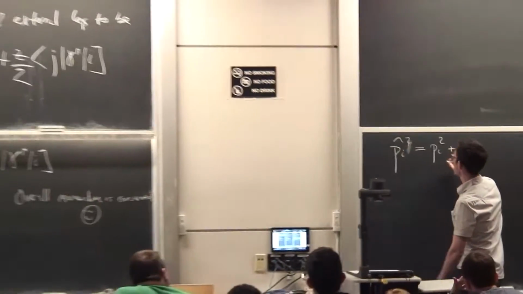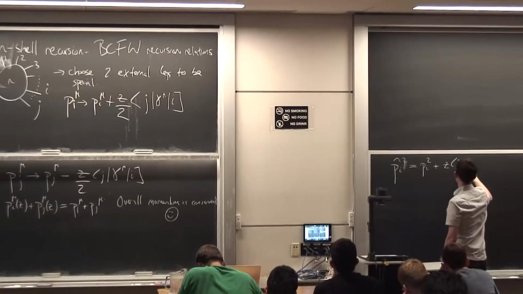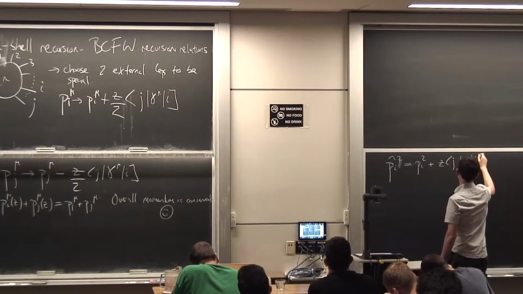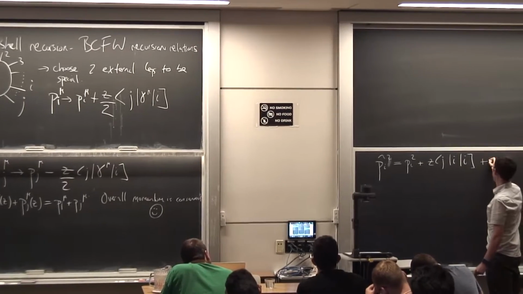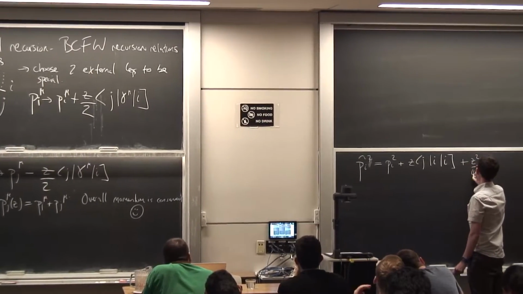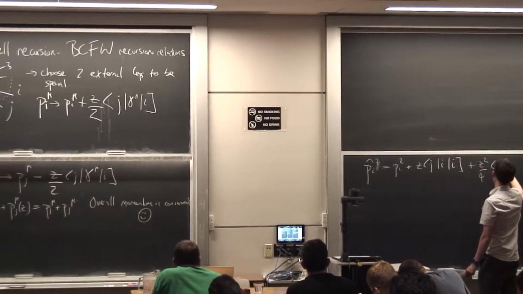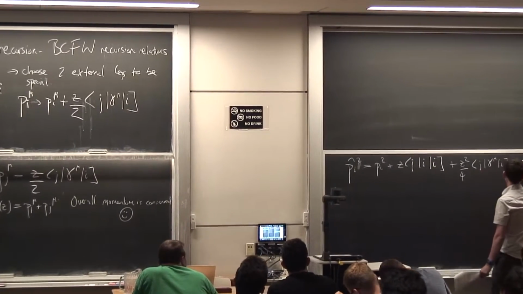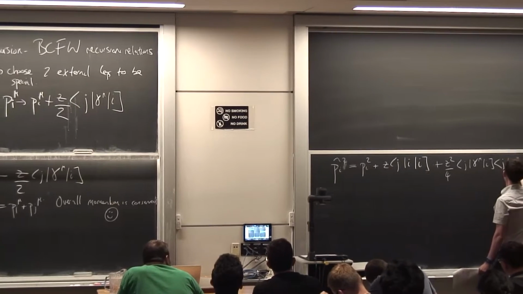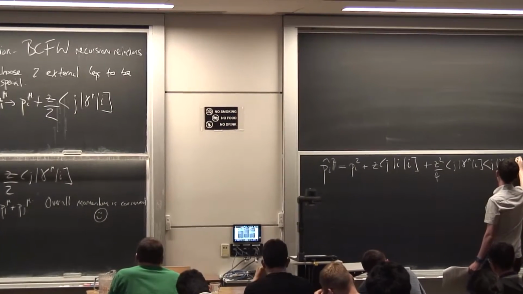Then I get j, i, and then I get z squared over 4, j gamma mu i, j gamma mu i.